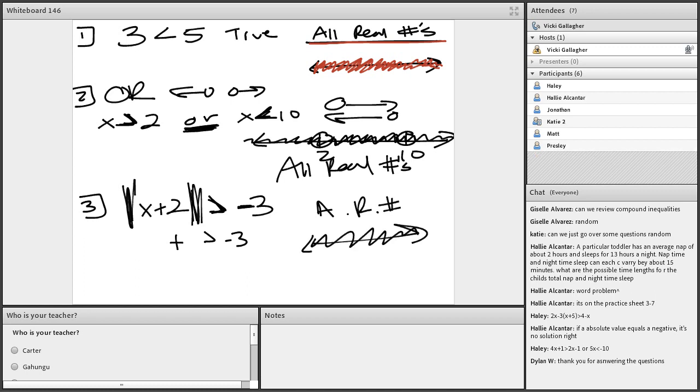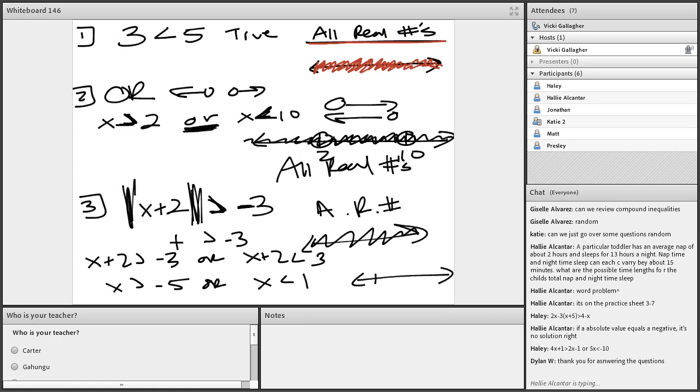Now, if you can't memorize that, you could actually do the problem. This would be x plus 2 is greater than negative 3, or x plus 2 is less than positive 3, and you'll get x is greater than negative 5, or x is smaller than 1. And when you go to graph that, it's an OR problem, but it's going to end up doing that overlap thing, like I said earlier.